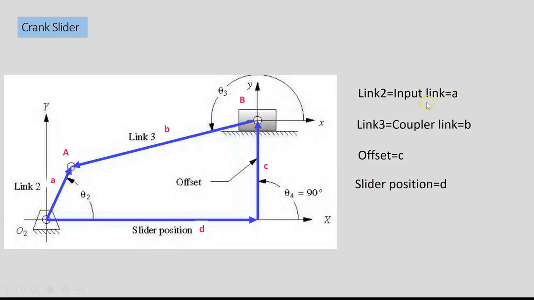The length of input link is A. Coupler link, which is link 3, we consider the length of this link is B. Offset, which is just perpendicular from the center of the slider to the axis of the pin joint, is considered as C, and the slider position is a distance from the fixed pin joint to the center of the slider, which is represented as D.